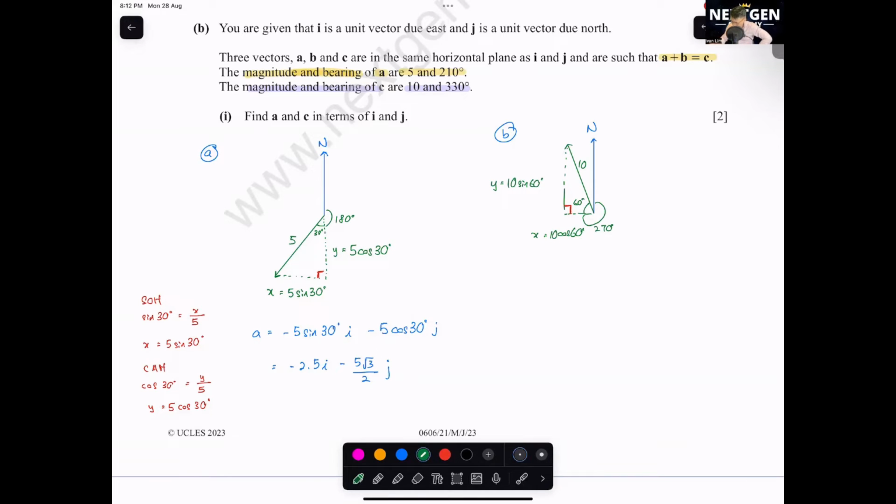So the value of C over here, to the left means negative, so it will be negative 10 cos 60 degrees i, going up, plus 10 sine 60 degrees j. Here will be negative 5i plus 5√3 j.